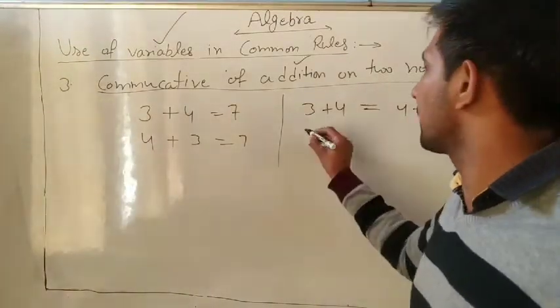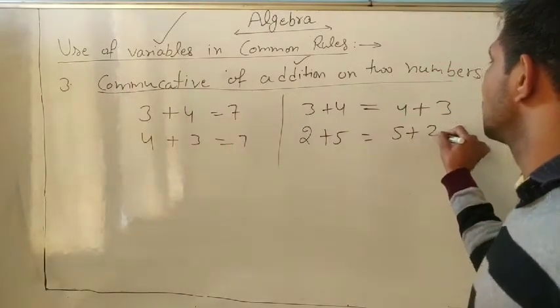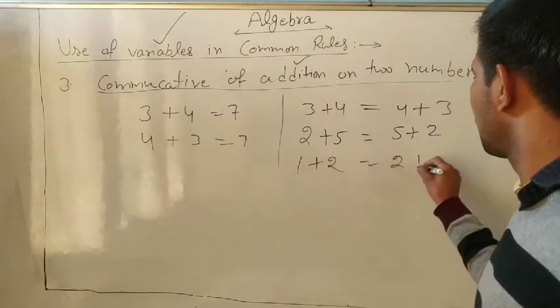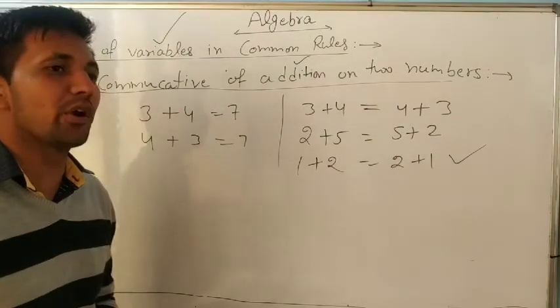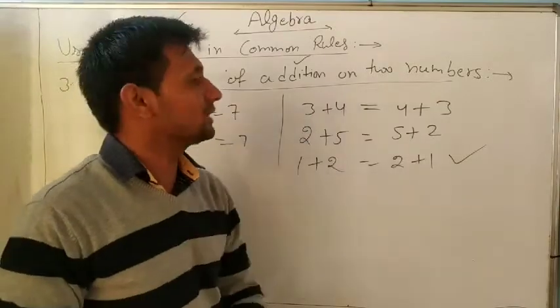You can take any numbers: 2 plus 5 equals 5 plus 2, 1 plus 2 equals 2 plus 1. So this is called the commutative property.